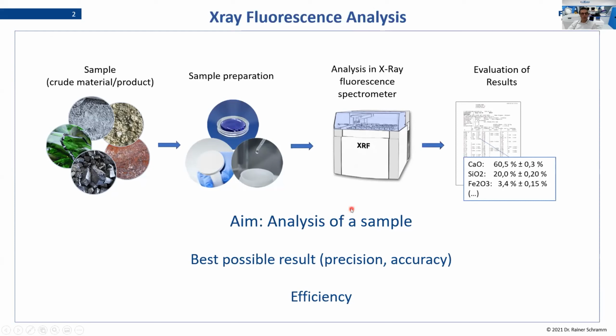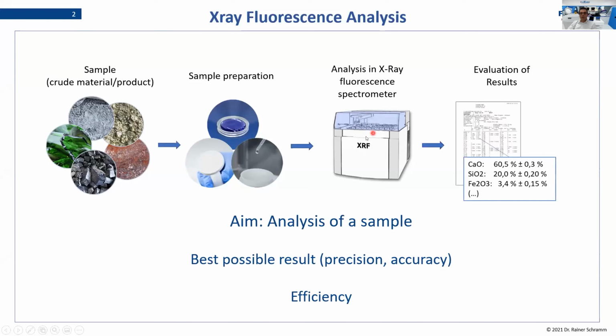So in this sheet, I would like to present again how X-ray is working. On one side, you have your sample material, which should be an inorganic material where you would like to do elemental analysis. You have to prepare this in any way. Either you measure the powder, or you make a press pellet out of your powder, or you fuse it into glass as a fuse bead.